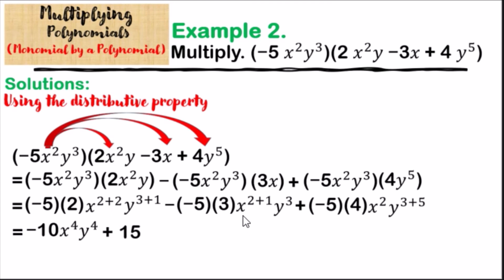For your variable x, we have 2 plus 1, 3. So we have x raised to 3. And copy your y raised to the third power. Here we have negative 5 times 4 is negative 20 times positive is negative 20. Copy your x squared and simplify the exponent of your y. 3 plus 5 is 8. That is y raised to 8.